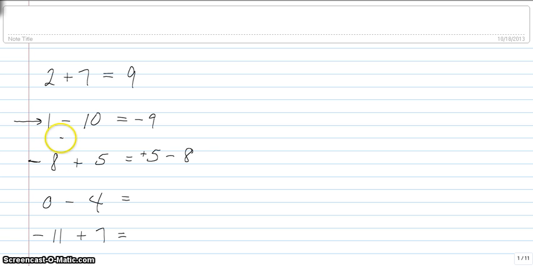So it's the same idea as the second problem where I've got 5 take away a number that's larger, and that's going to put us into the negatives again. And so we see that same thing happening on the fourth problem. 0 take away a number larger than 0. It's going to give us a negative answer.